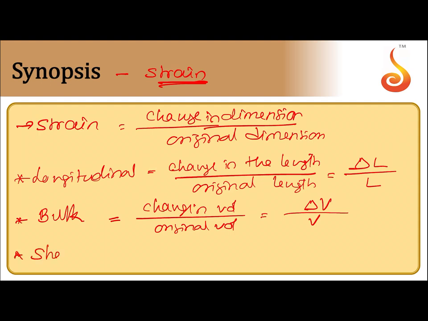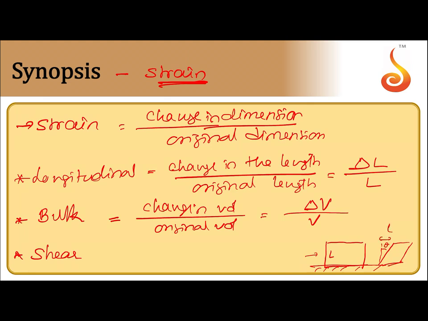Third is shear strain. So in the case of shear strain, the idea is like this. Suppose we consider the previous example. In the previous example, if I take L as this dimension, and let's assume that finally this takes this shape, this is L, this is theta.